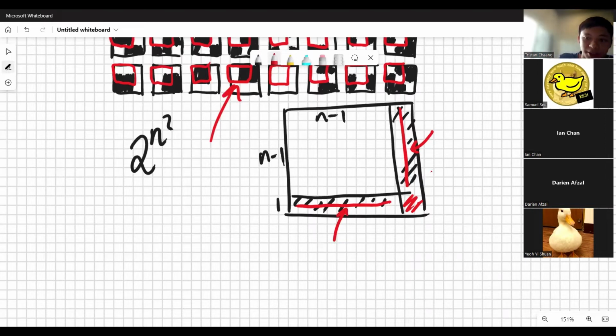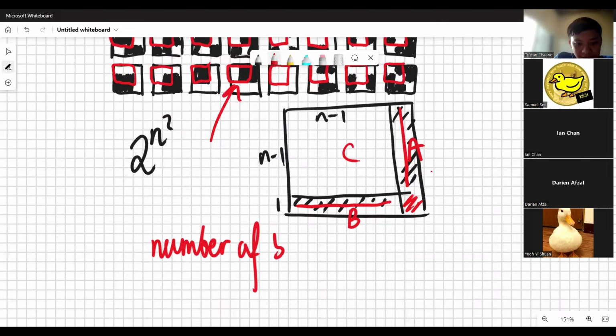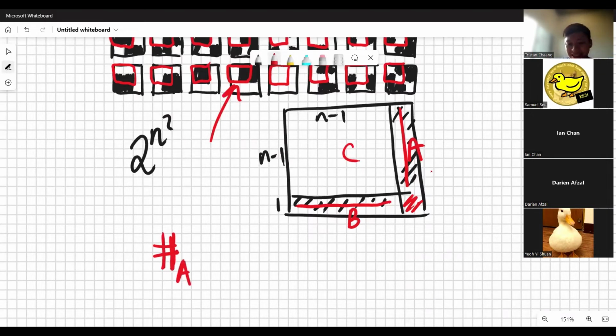Exactly. So we have region A, let's say this is region A, region B, and region C. The number of black squares in region A must be the same parity as the number of squares in region C, I mean mod 2.